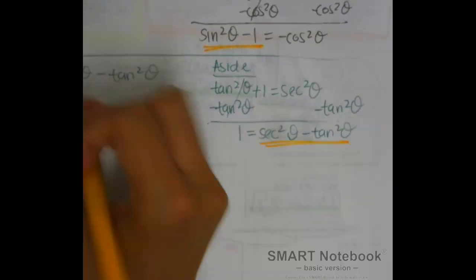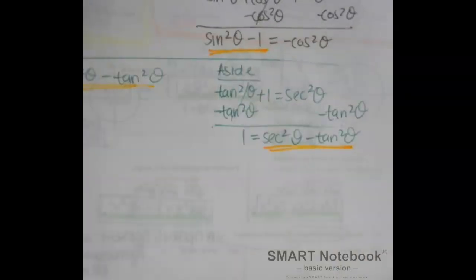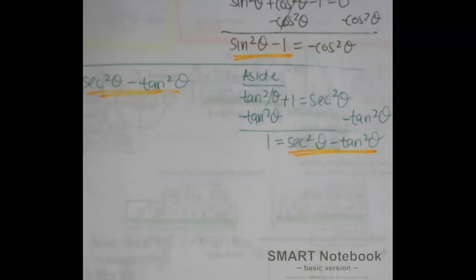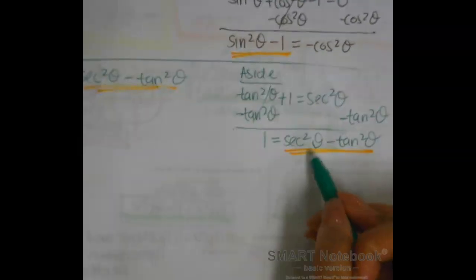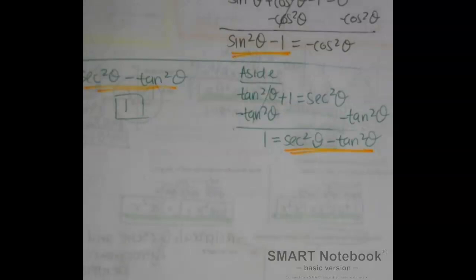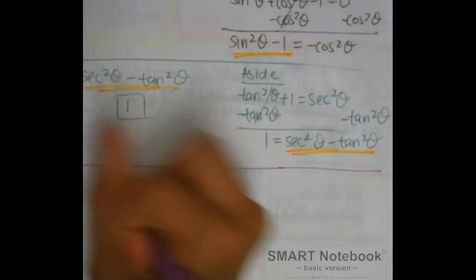Let me ask you this, Eurydia. Does this match with the original problem? Perfect, it does. Secant's first, then tangent. That's exactly it. What's your answer going to be if you have secant squared theta minus tangent squared theta? Just 1. This is all you're doing, guys. Next question.